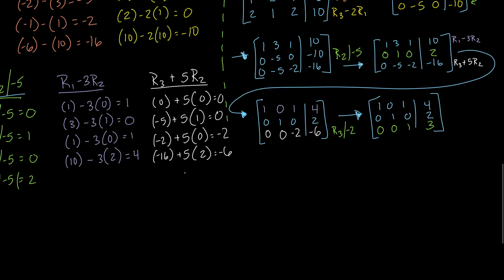We need to get everything else besides this last one a 0. So above this 1, we need to make this top z value for row 1 a 0. So what we're going to do is to row 1, we are going to subtract row 3.